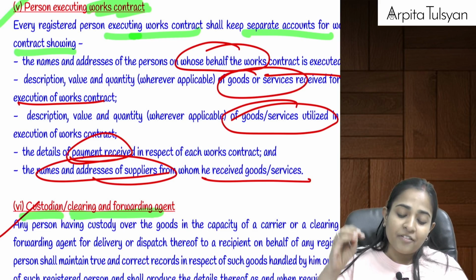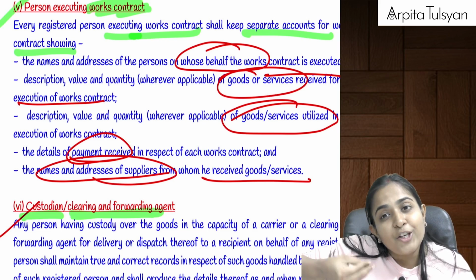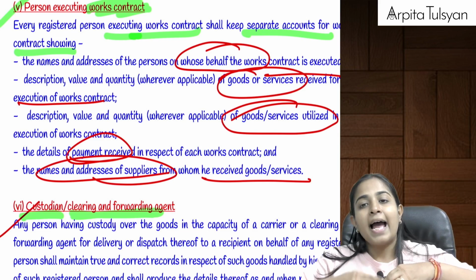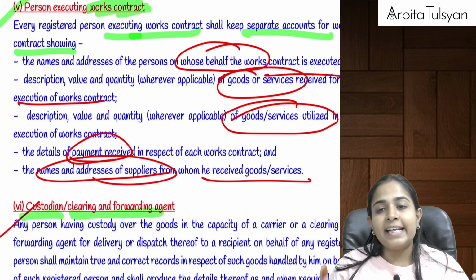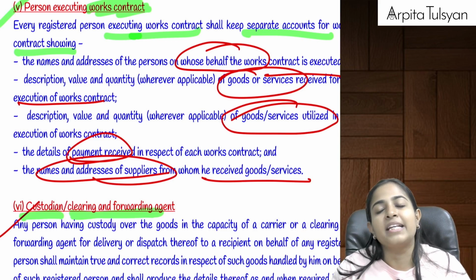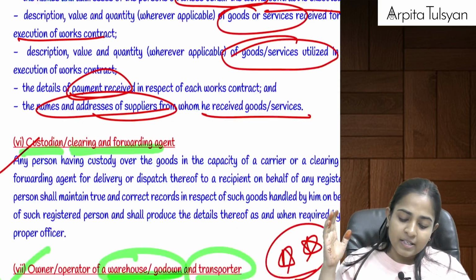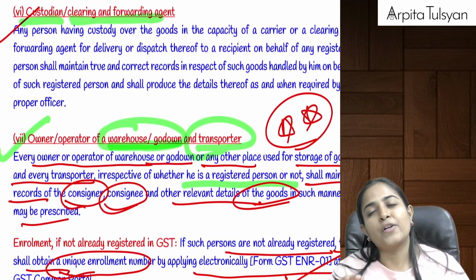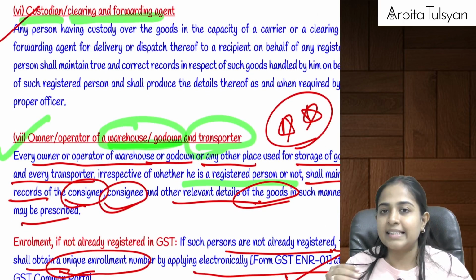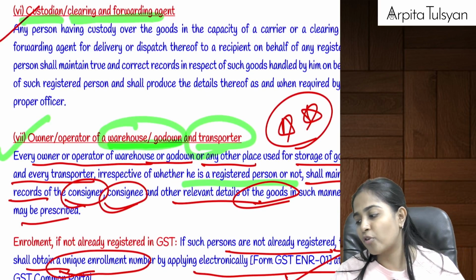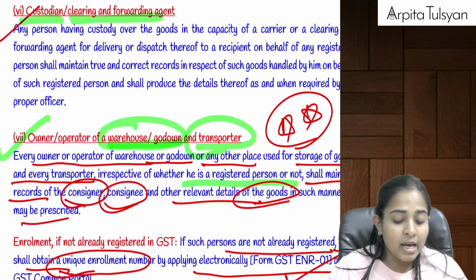Then description, value, quantity of goods or services utilized. One was received and the next one is utilized for execution of works contract. Then the details of payment received from the person who has given me the works contract. And the last one is name and address of the suppliers from whom we have received the goods or services. These are the extra information which every works contract person is required to maintain.